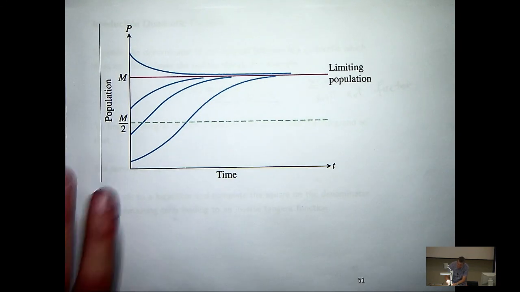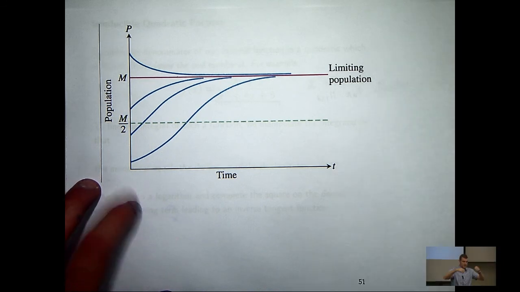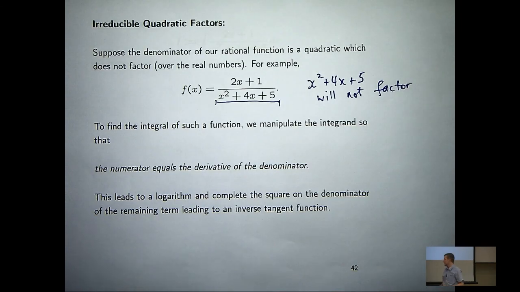So either way, you end up having a population that approaches some limit called the carrying capacity. This is the optimal amount of people or numbers that the environment can support. Anyway, we'll have a look at this a little bit later in the semester, but one way of solving this problem is through partial fractions.